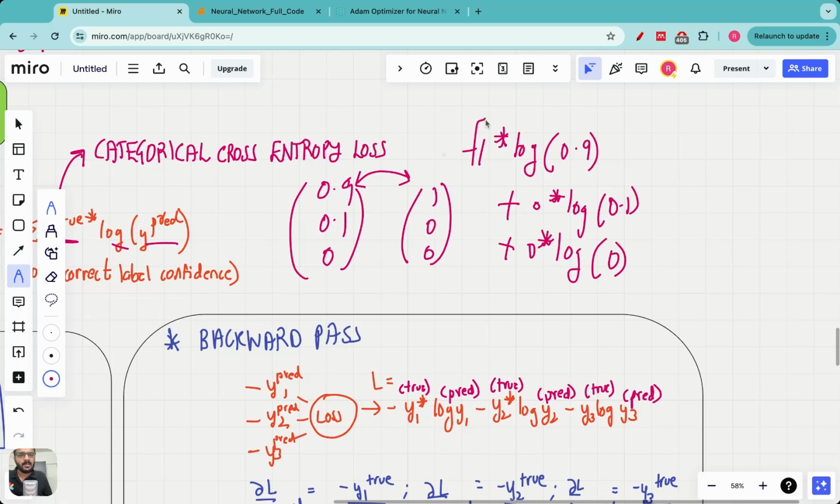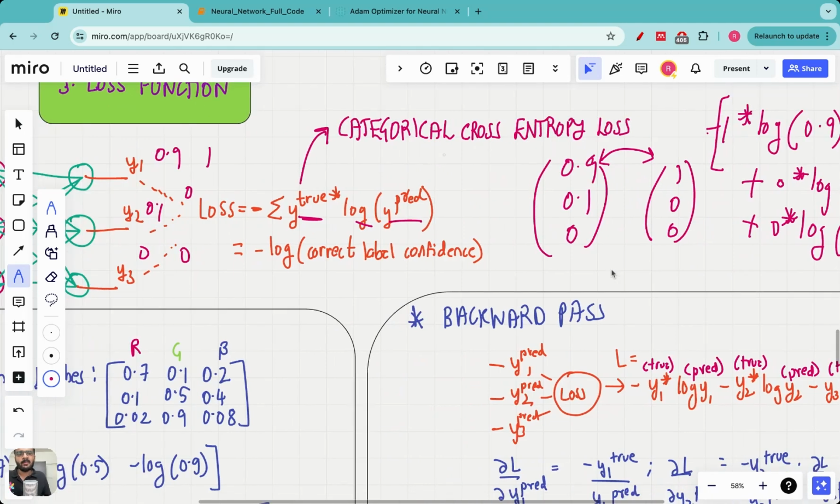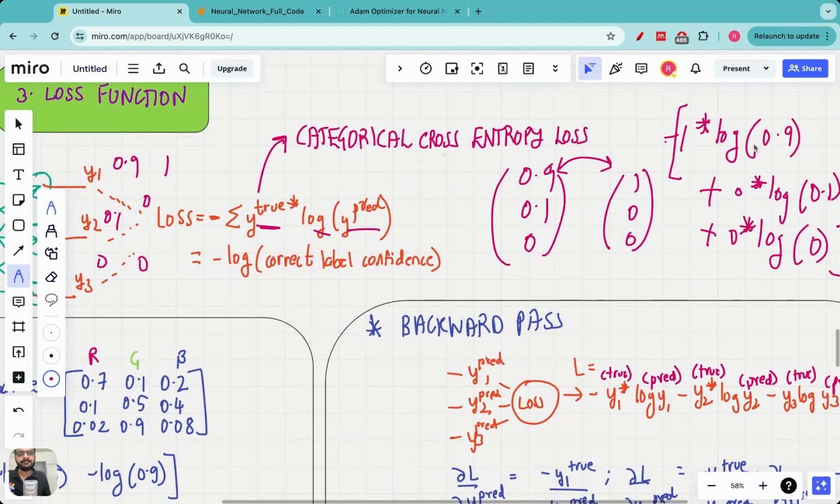So to this whole thing we append this minus sign. So it will be minus of log 0.9 plus 0 into log of 0.1 plus 0 into log of 0. So the actual answer will be negative of log of 0.9.